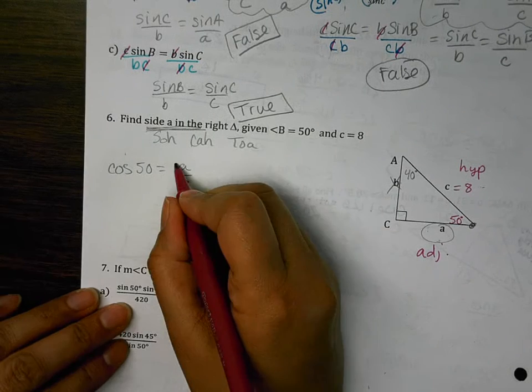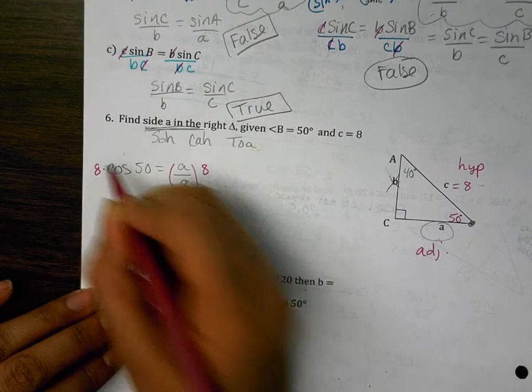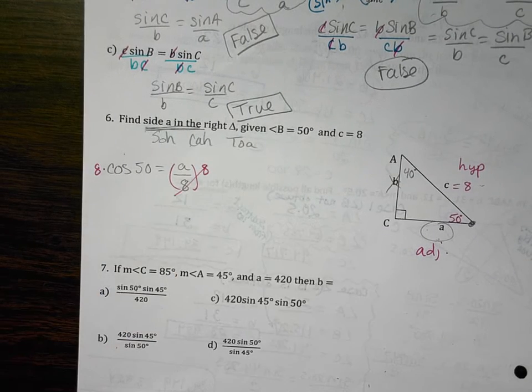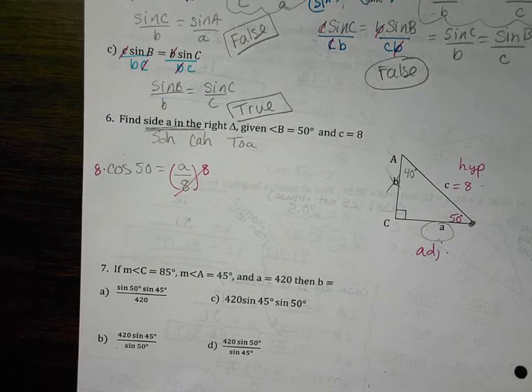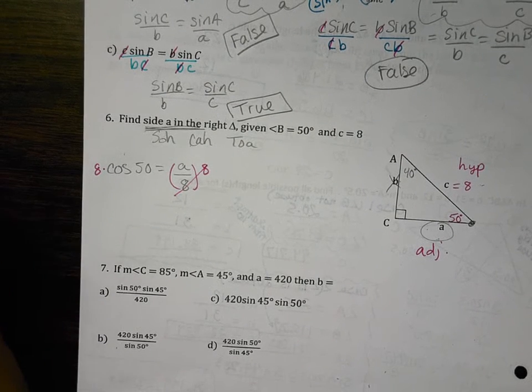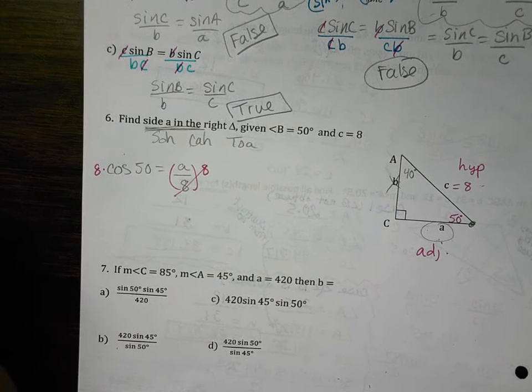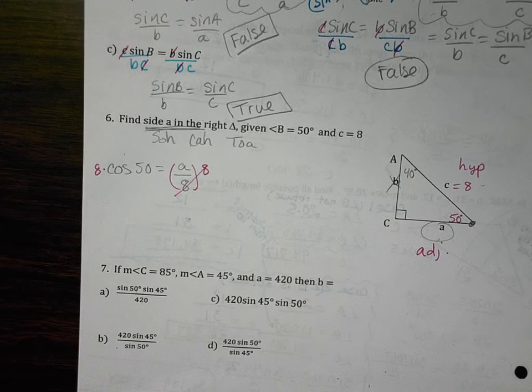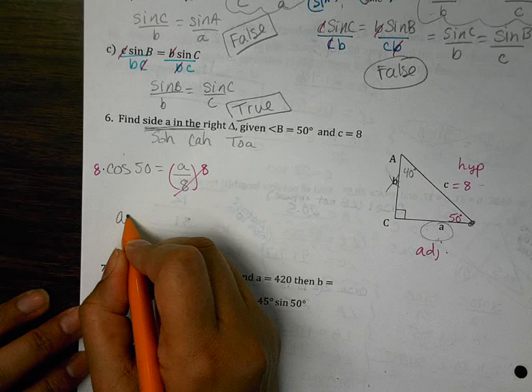Is that pretty easy to do? Multiply the 8 to the other side, and that right there is what you plug in your calculator. 8 times cosine 50. Go ahead and plug that in your calculator now. 8 times cosine of 50, and tell me what you guys have.